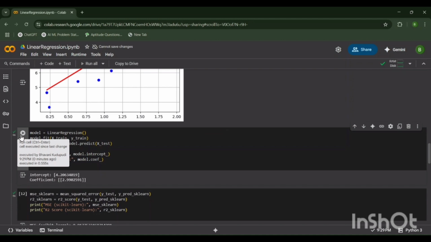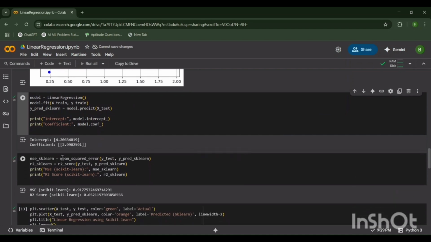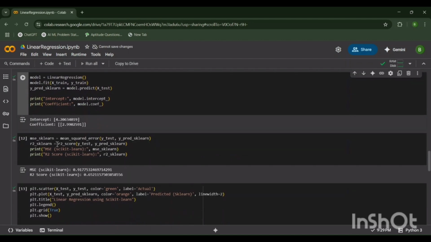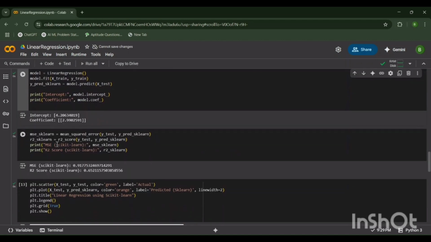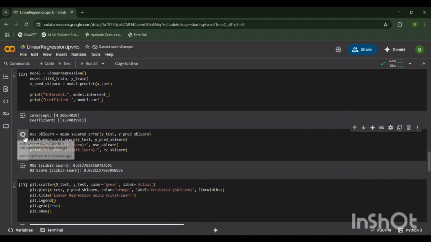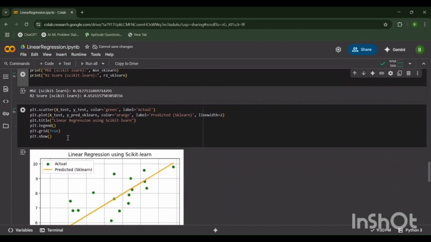This cell sets the learning rate, number of iterations, and random initial parameters for training the model using gradient descent. And we get the output as intercept 4 and the coefficients. And then this cell performs 100 iterations of gradient descent to gradually adjust the parameters to minimize the prediction error.